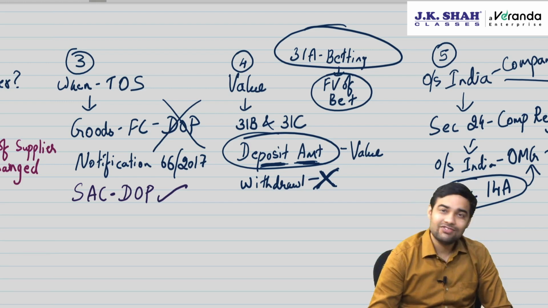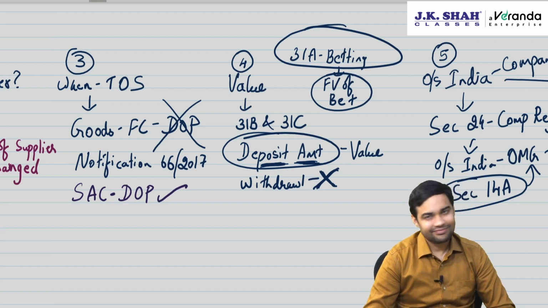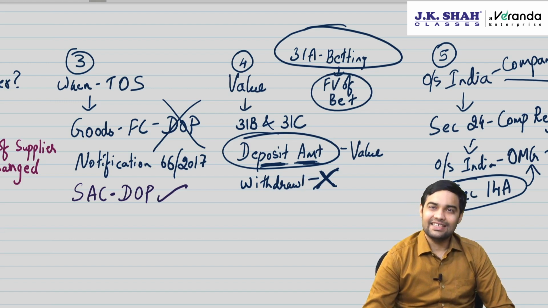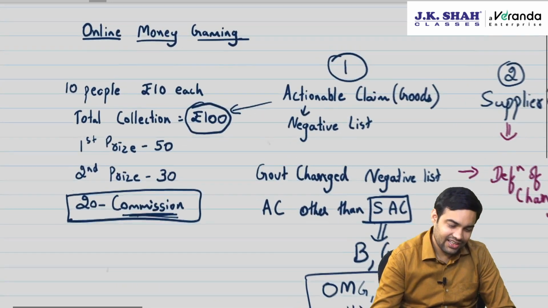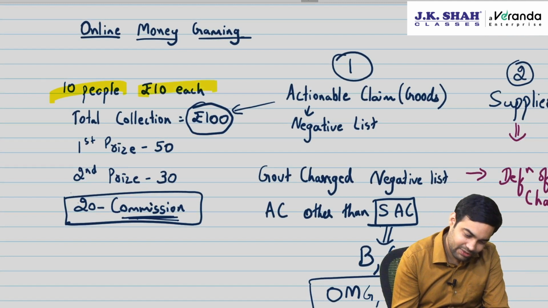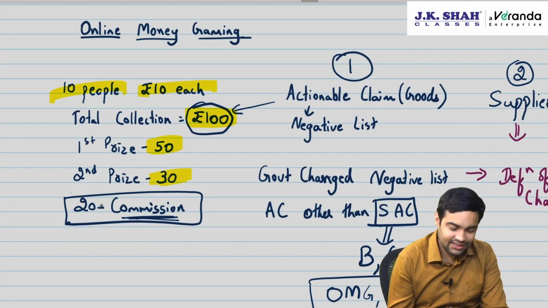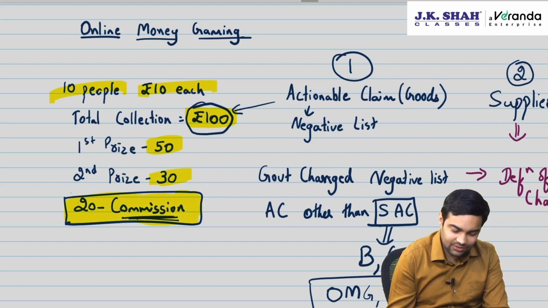So, lot of changes were brought into different provisions to include people under the tax net. Let's see these again. Now, so 10 people contributing 10 rupees, total collection 100, first prize 50, second prize 30. The commission of the person who is organizing this was 20.